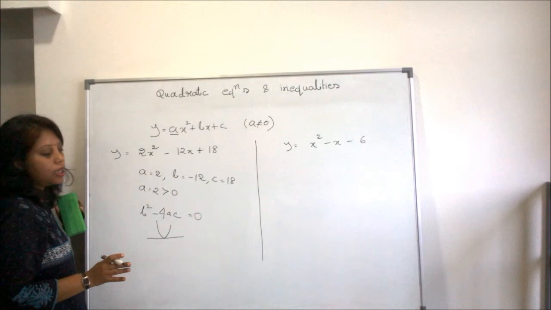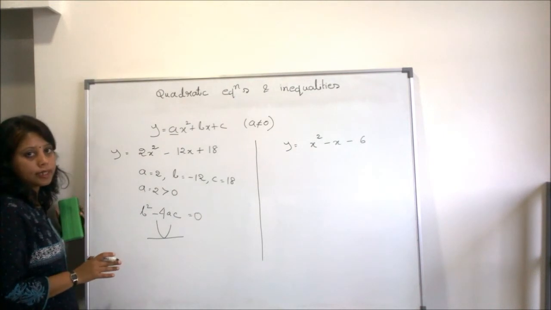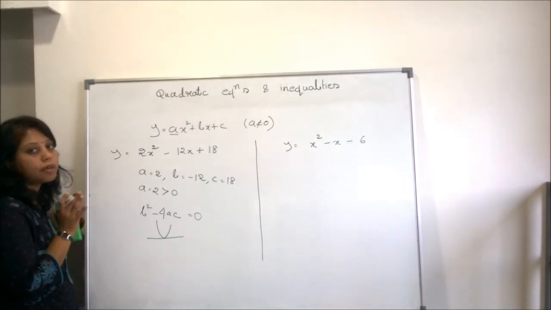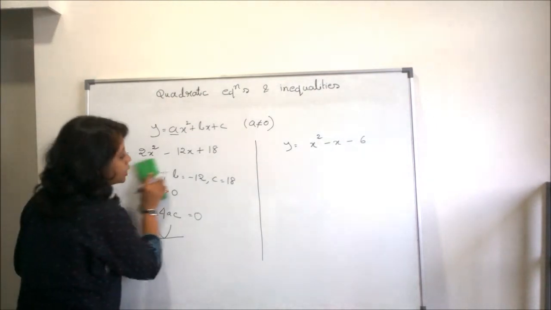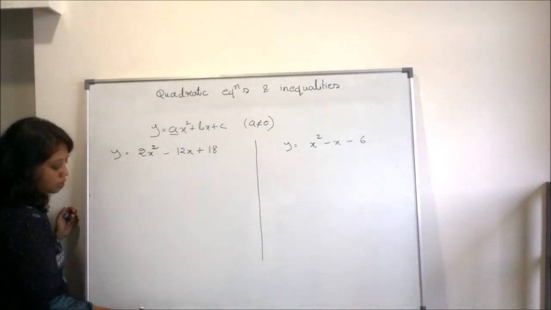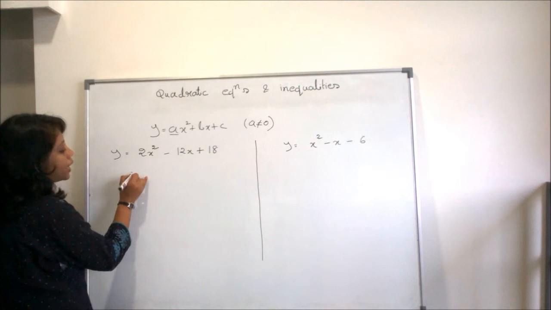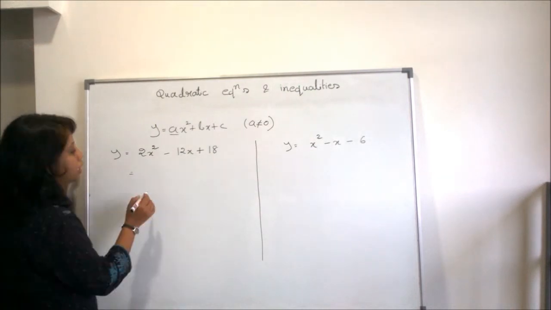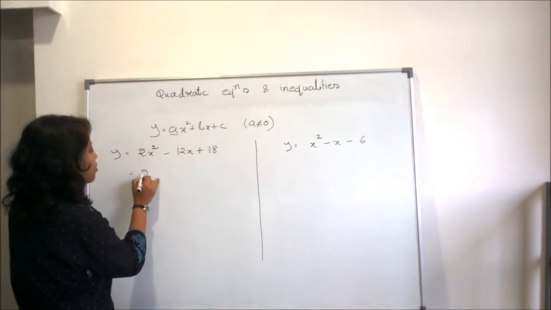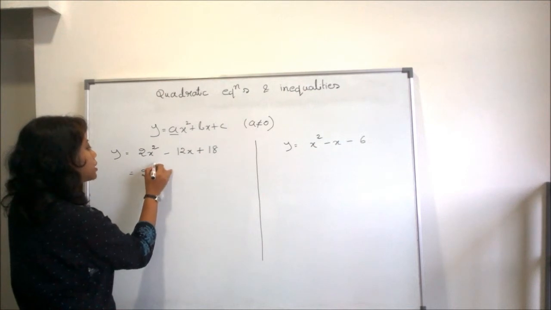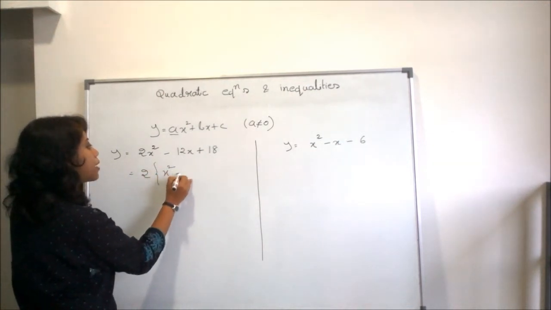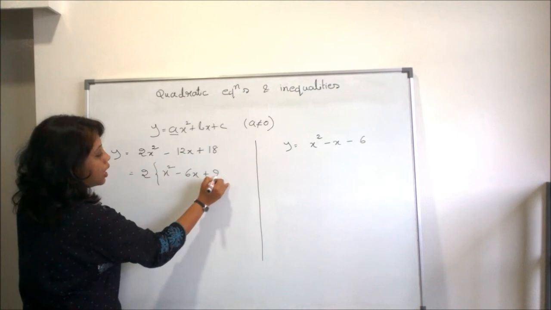Now we will see where it touches the x-axis and how the curve will look. For this we will factorize it first. If we factorize, 2 goes outside and this becomes x squared minus 6x plus 9.